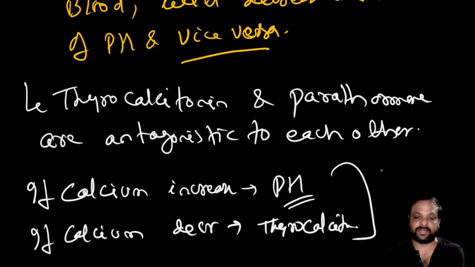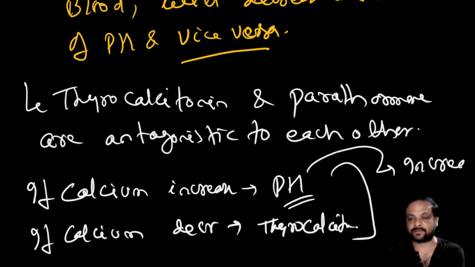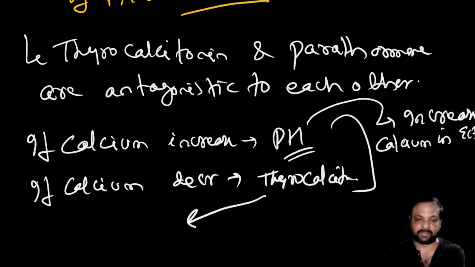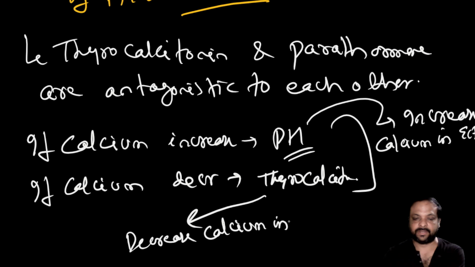So that means this parathormone increases the calcium in ECF, whereas thyrocalcitonin decreases calcium in ECF.